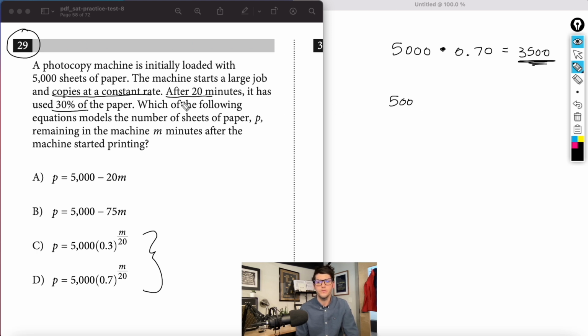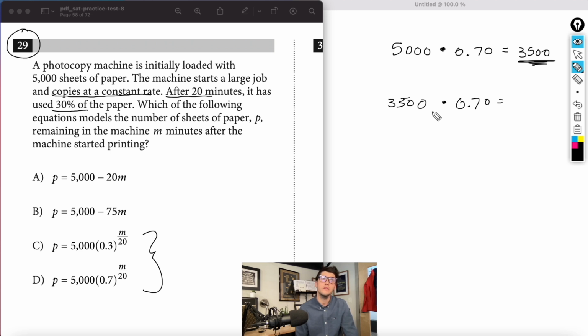Now, just to prove my point, if you now have 3,500 and you're thinking that this is a percentage growth question, or percentage decrease question, 20 more minutes should mean we lose another 30%. And now 30%, I believe, is 1,050.